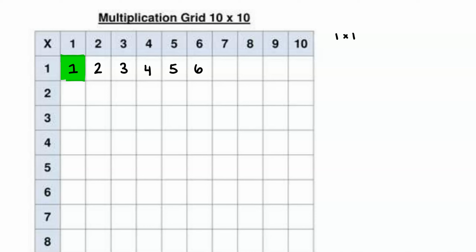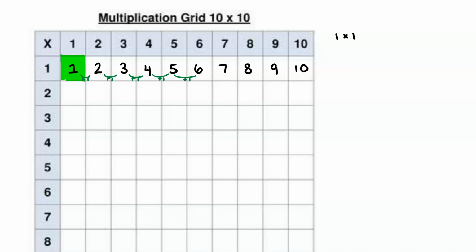One row with 7 pennies would make 7 total pennies. One row with 8 pennies would make 8 total pennies. One row with 9 pennies would make 9 pennies. And one row with 10 pennies makes 10 pennies. What you should see here is that to get from one box to the next, you're just adding one more. Because we're multiplying by 1, we just keep adding 1.